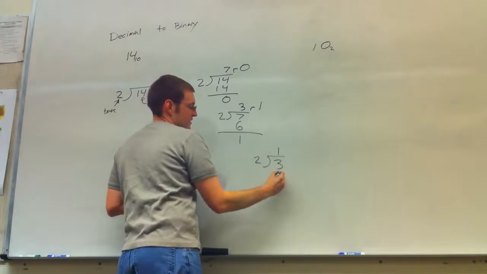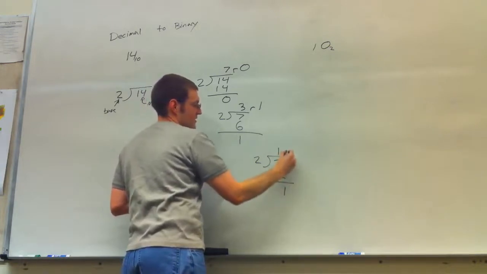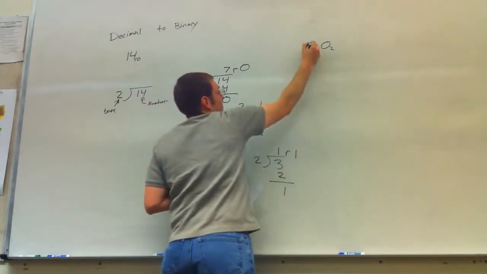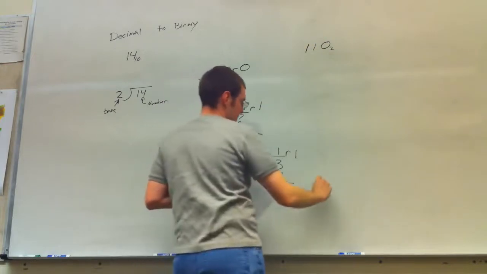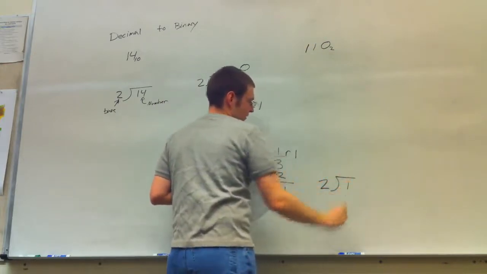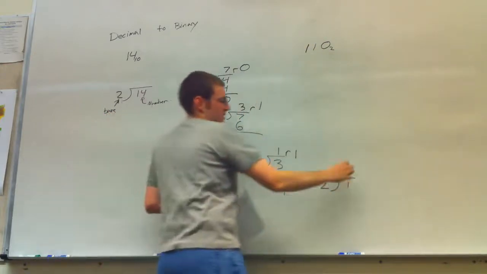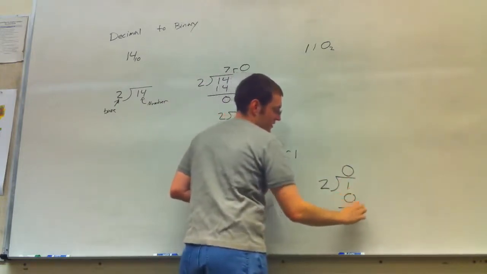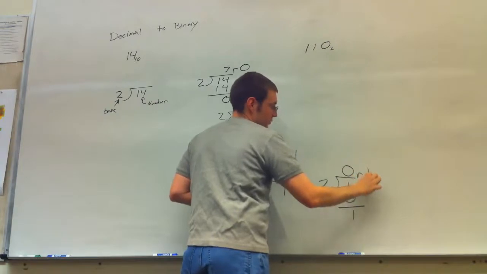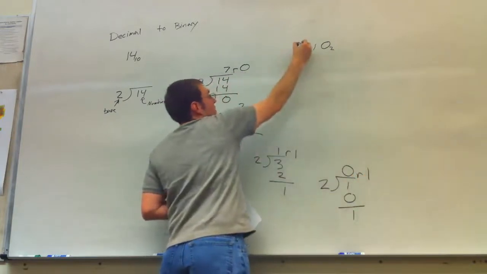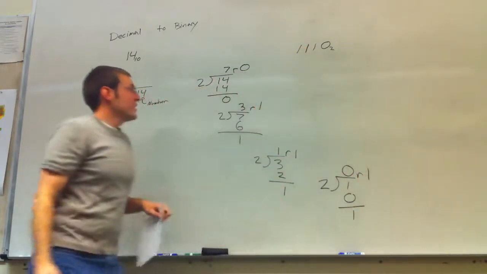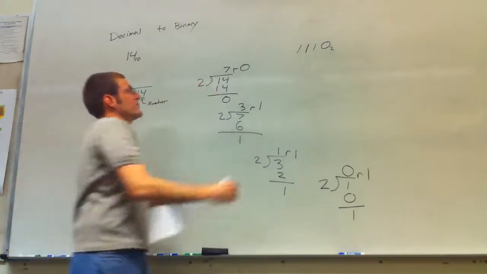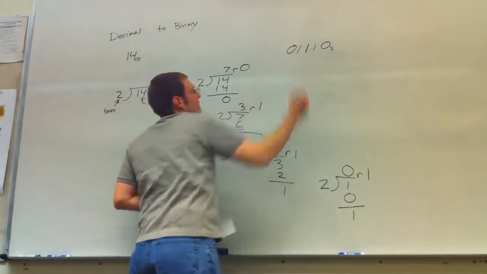Remainder is 1. So I put that 1 up here. And then we do it again. 2 divided by 1 doesn't work, so we get a 0. We get a remainder of 1. So I put the 1 there. And because this is a positive 14, we're going to put a leading 0 here.